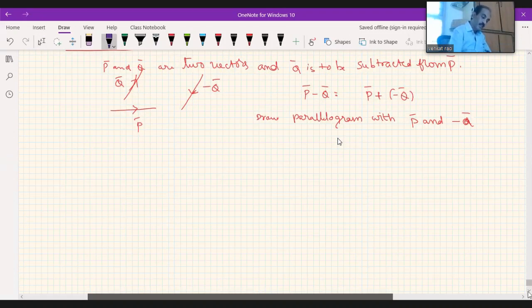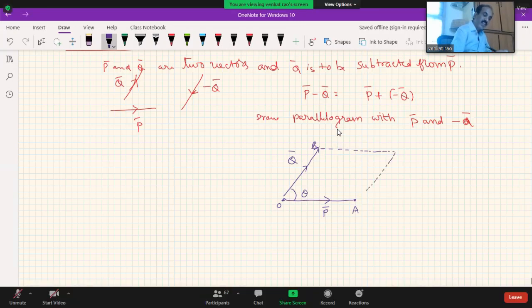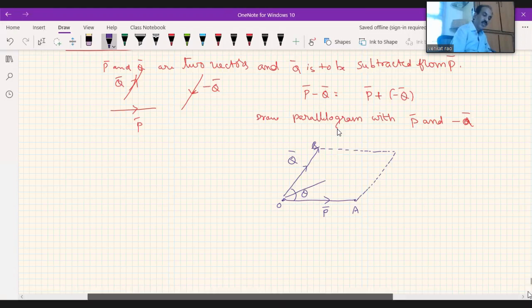Look here. This is from the point O. It is P bar, OA bar, and this is OB. This is Q bar. Angle between vectors is theta. And for the clarification, I am drawing both of them. This is P bar plus Q bar, right?